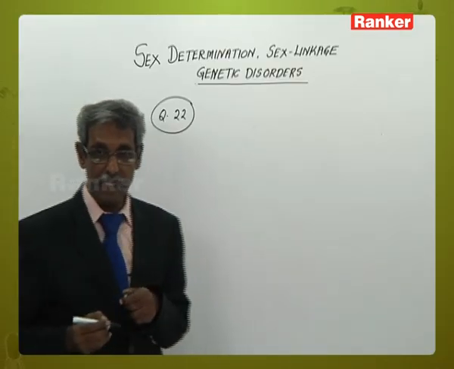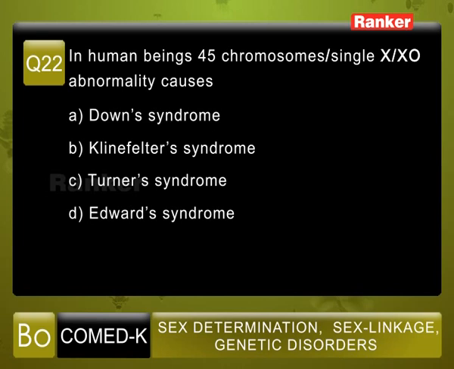Question number 22 says, in human beings, 45 chromosomes with a single X or an XO abnormality is caused due to: A, Down syndrome; B, Klinefelter syndrome; C, Turner syndrome; and D, Edwards syndrome.